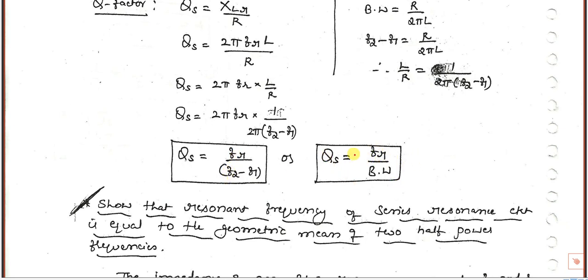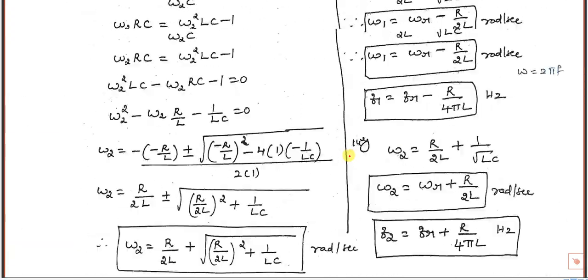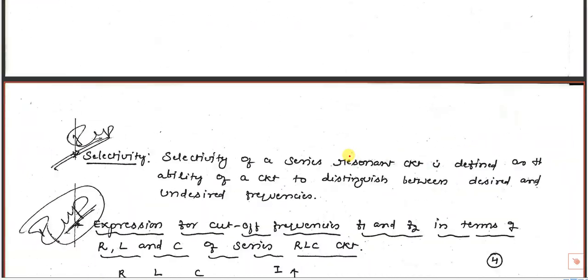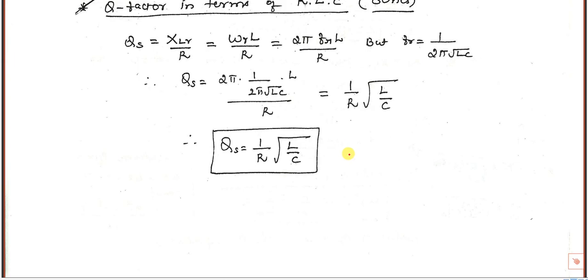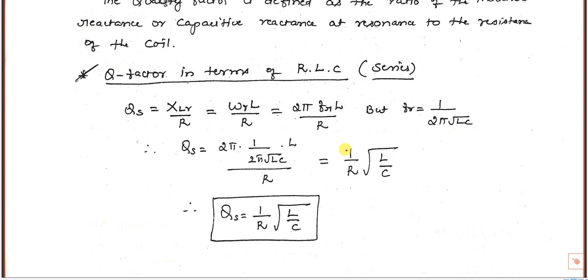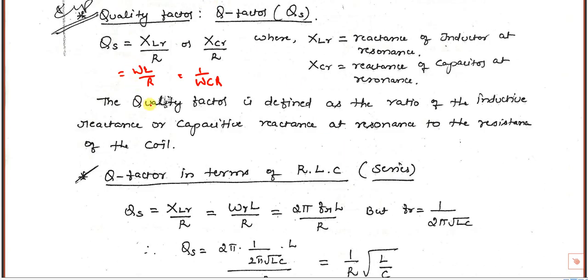You can write this definition or you can write that definition. Both are correct. It is omega L by R or capacitive reactance by resistance. It is defined as the ratio of inductive reactance or capacitive reactance at resonance to the resistance.